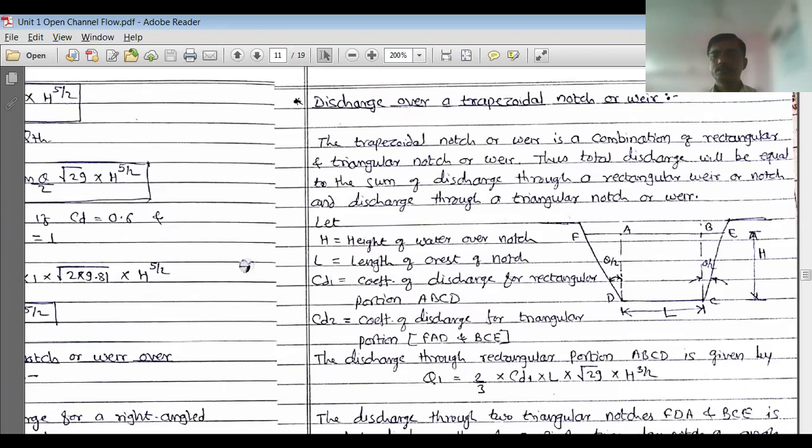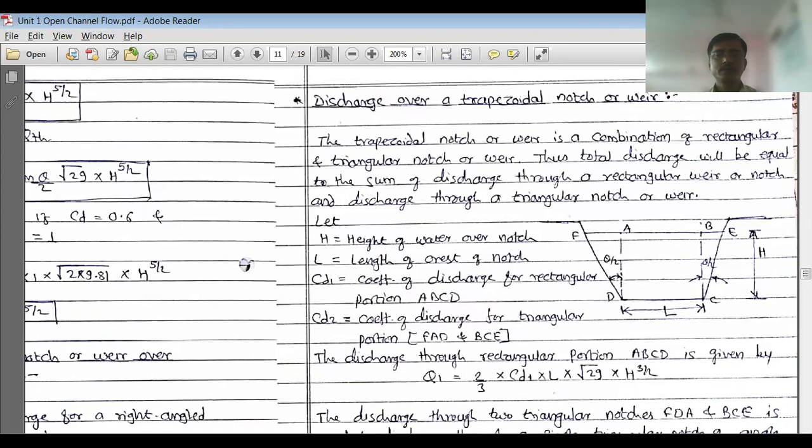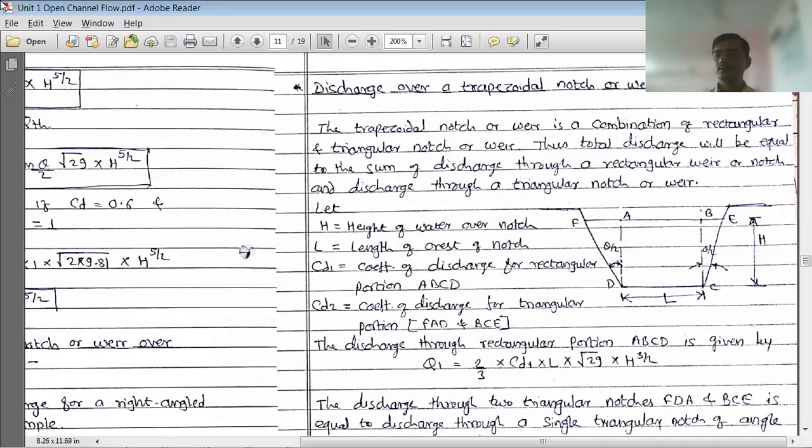So what is this trapezoidal notch? If you look at the shape of the trapezoidal notch very keenly, you will observe that it is made up of a rectangular notch like this and two half portions of the triangular notch. One half portion is at this place and the other half portion is at this place.